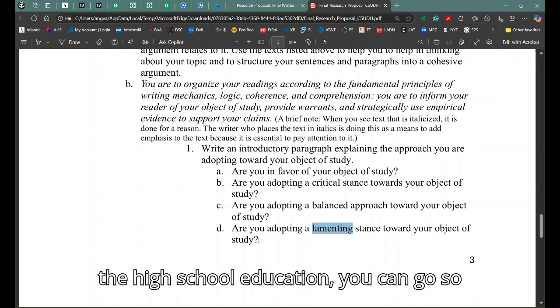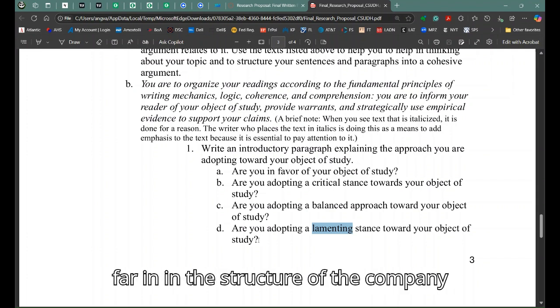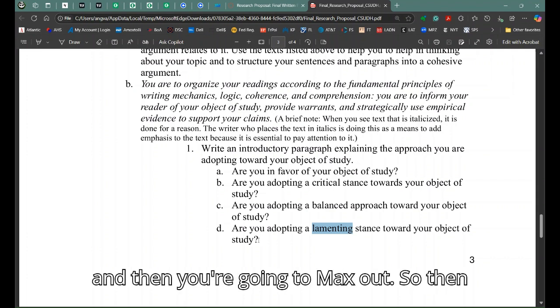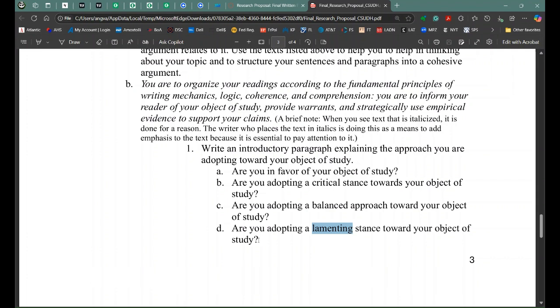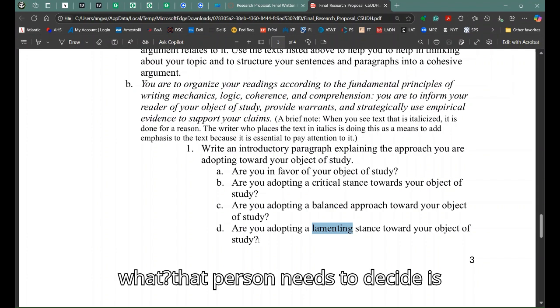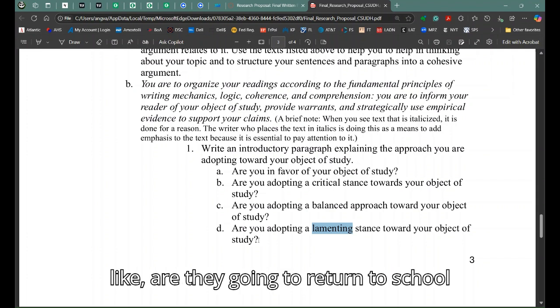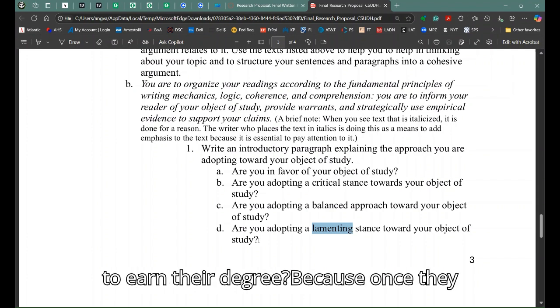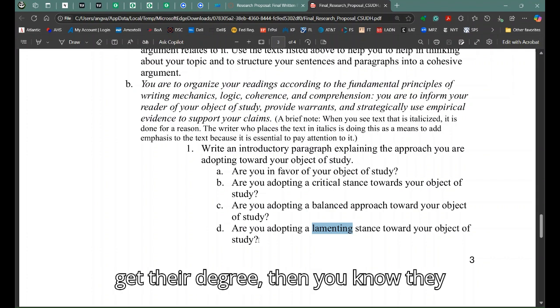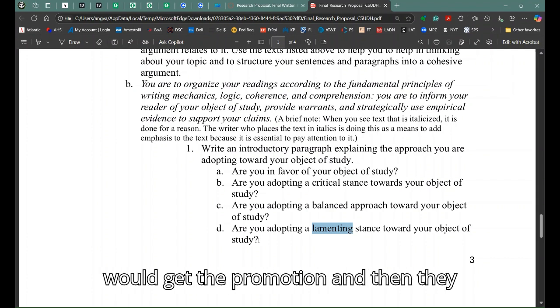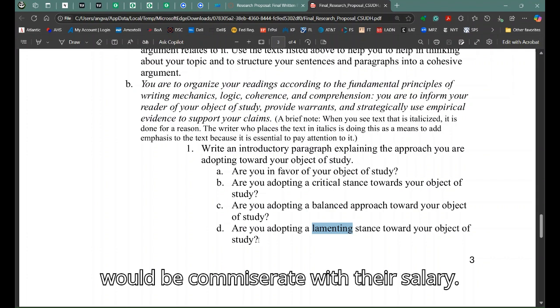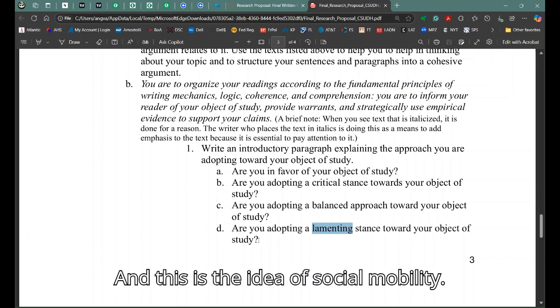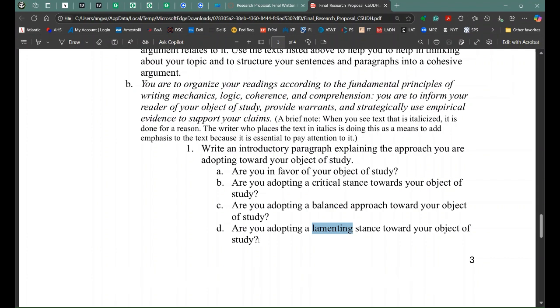With the high school education, you can go so far in the structure of the company, and then you're going to max out. So then what that person needs to decide is, are they going to return to school to earn their degree? Because once they get their degree, then they would get the promotion, and then it would be commensurate with their salary. And this is the idea of social mobility.